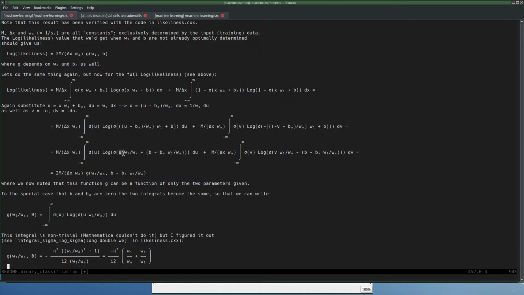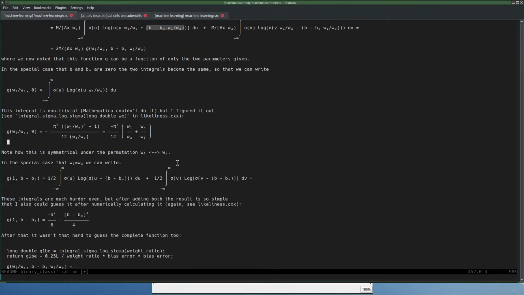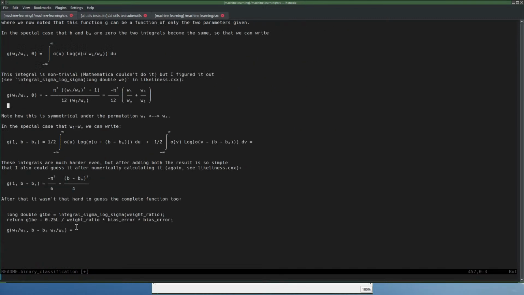And then this is the weight ratio. So after multiplying with weight ratio, we add that value, the bias error. Yeah, definitely. So that's the same thing as I have here. So this whole thing is the bias error.